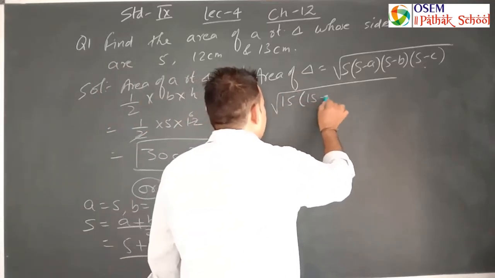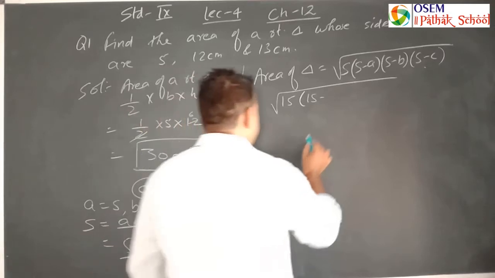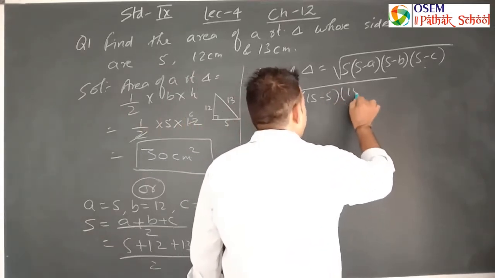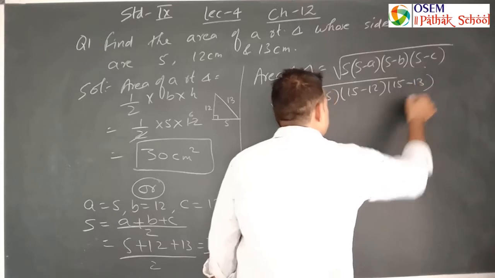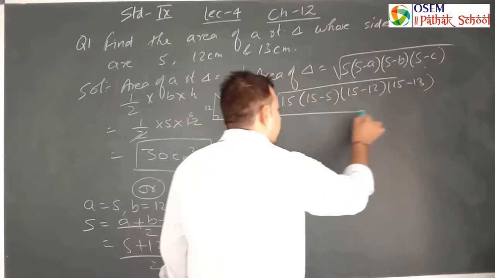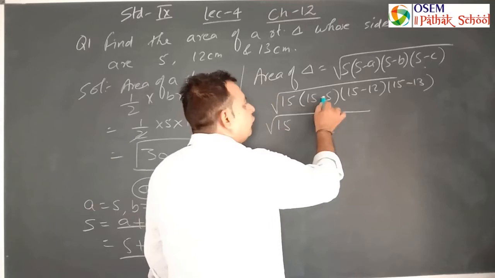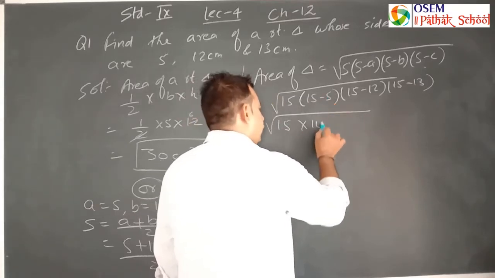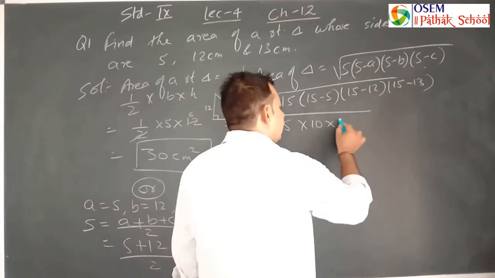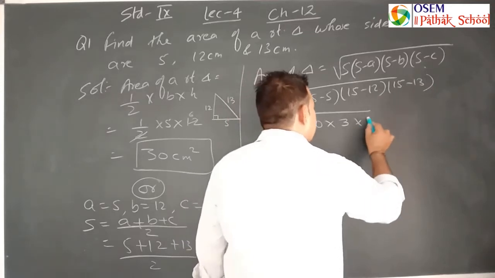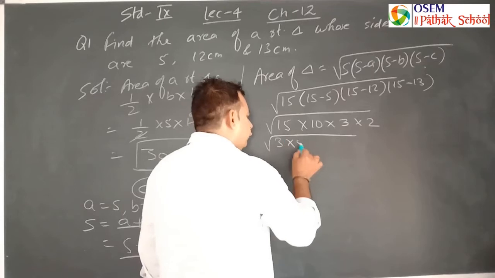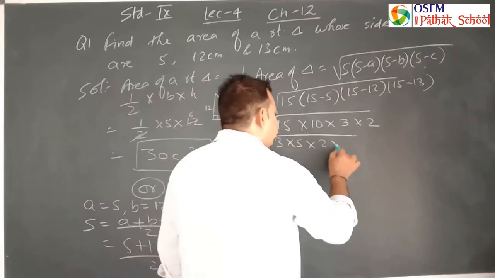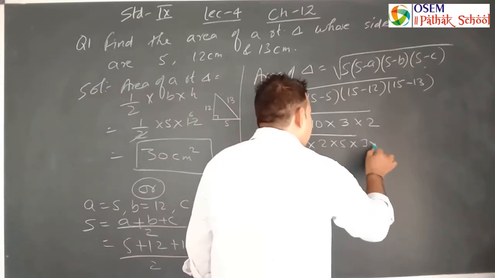So 15 minus 5, 15 minus 12 and 15 minus 13. 15 minus 5 is 10, 15 minus 12 is 3, 15 minus 13 is 2. Again I am splitting 15: 15 means 3 into 5, 10 is 2 into 5, and 3 into 2.